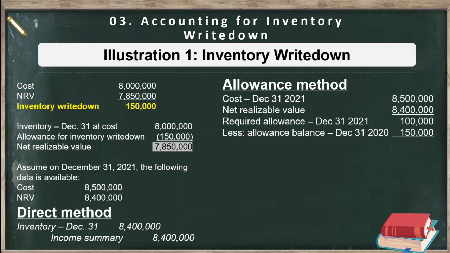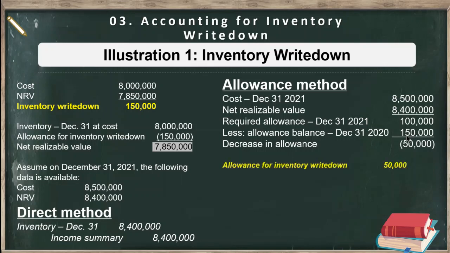Since we already recognized an allowance balance on December 31, 2020, we need to adjust for the difference of 50,000, which is a decrease, because the required allowance is 100,000. We're going to recognize 100,000, and from 150,000 to make it 100,000, we're going to deduct 50,000.